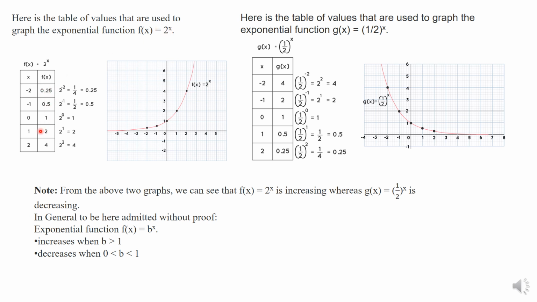Look at the table. If x is -2, then 2^x is 2^(-2), which is 1/4. If x is -1, 2^x is 0.5. If x equals 0, 2^0 is 1, and so on.